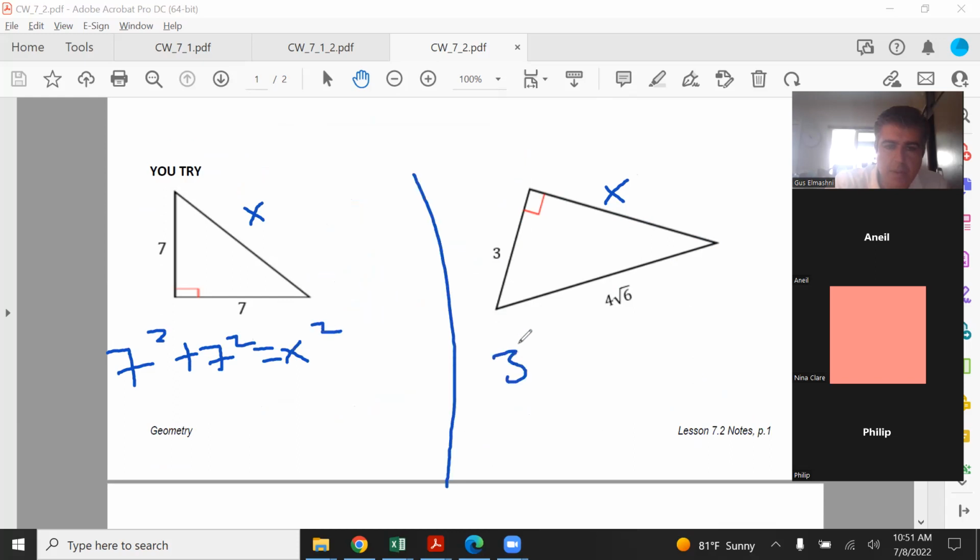This will be 3 squared plus x squared equals 4 root 6 squared. And then you're going to solve for x, and then, of course, give a simplified radical.